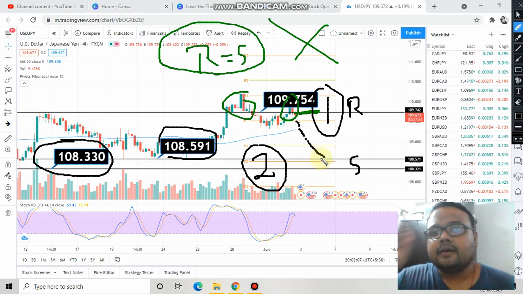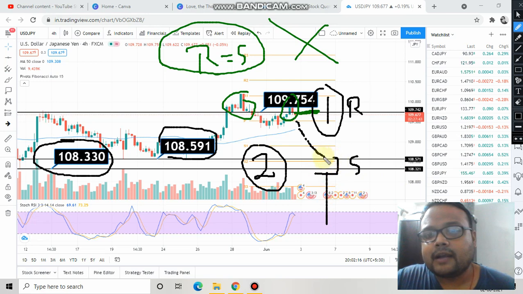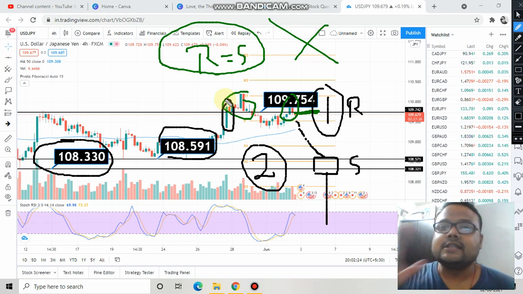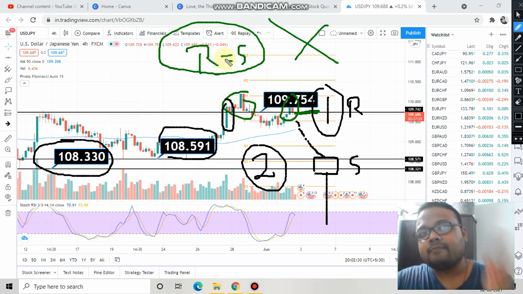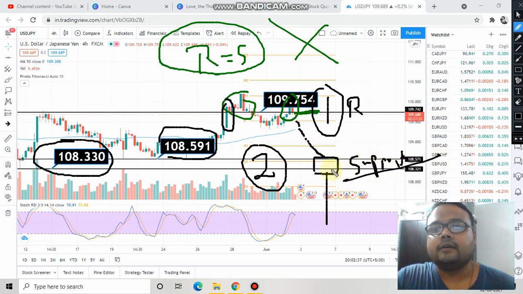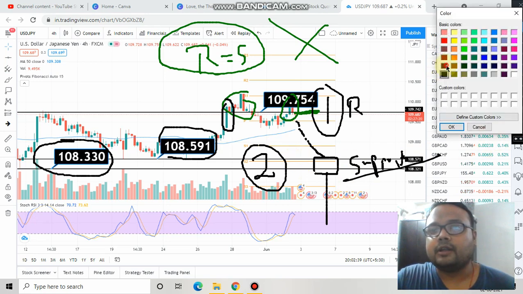If you see that market has taken support at any of these levels and price is being rejected from below, market is forming a hammer kind of candlestick pattern, or market has formed a green candle, then you'll get the confirmation that this support level is a valid one and market is getting the required support at this level, and you can go for a buy order at the support level.